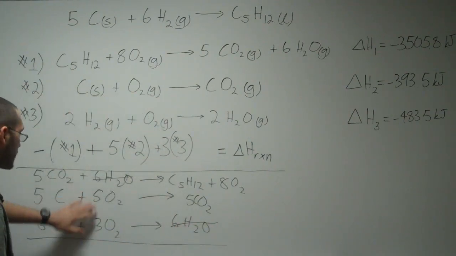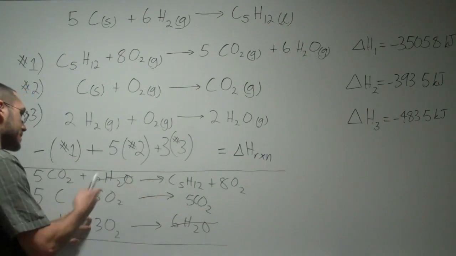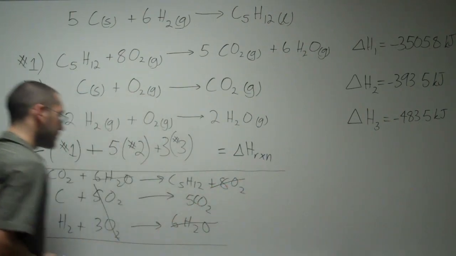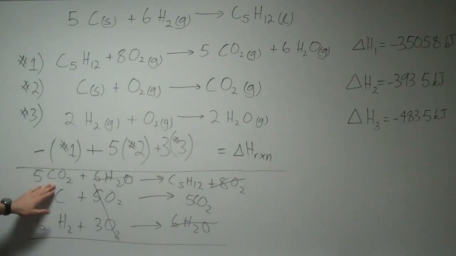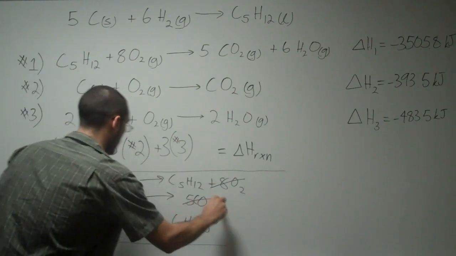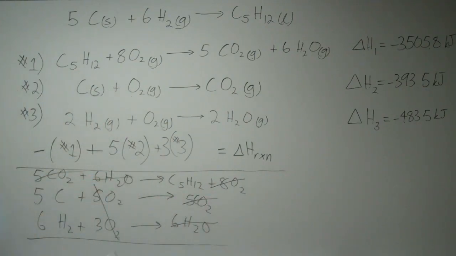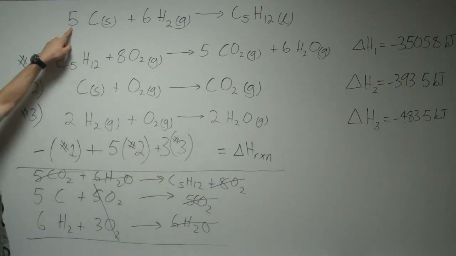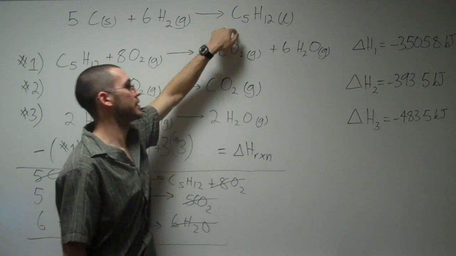I have 8 oxygens on the reactant side and 8 oxygens on the products. Cancel, cancel. 5 carbon dioxides on the reactant, 5 carbon dioxide on the product. And finally, I check to see what I have left because nothing else can cancel. 5 carbons, 6 hydrogens, 1 pentane. 5 carbons, 6 hydrogens, 1 pentane.